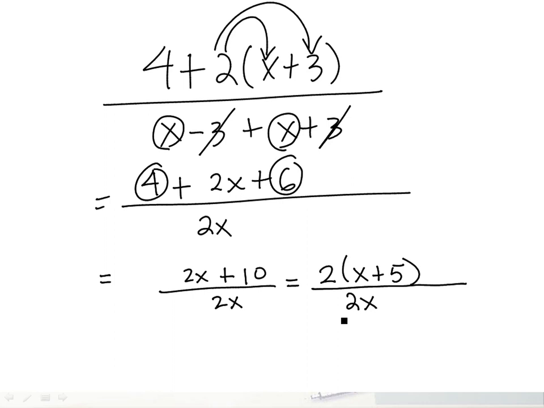Now notice I can cancel this factor here with this factor here. So let's cancel. 2's cancel, and we're left with x plus 5 in the numerator and only an x in the denominator. No, you cannot cancel these x's. Again, you must factor out factors in order to cancel other factors.